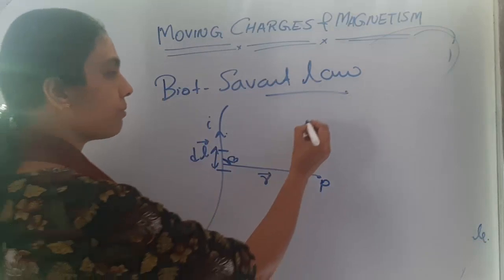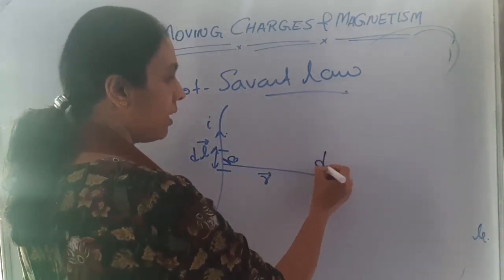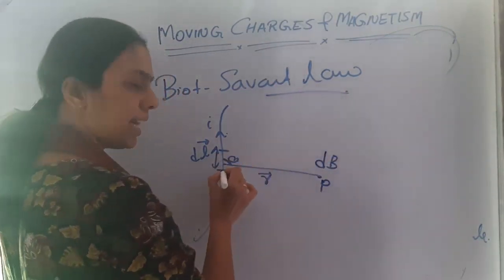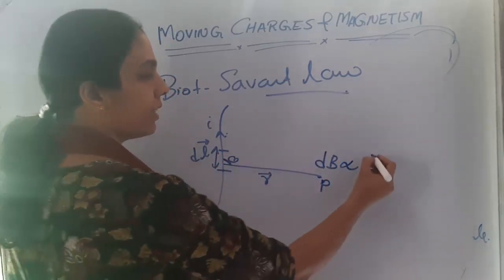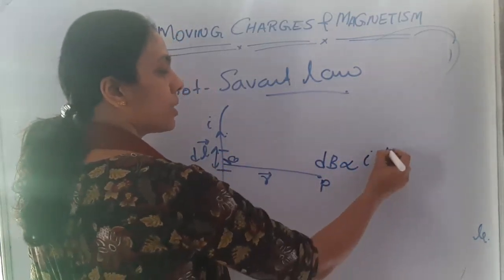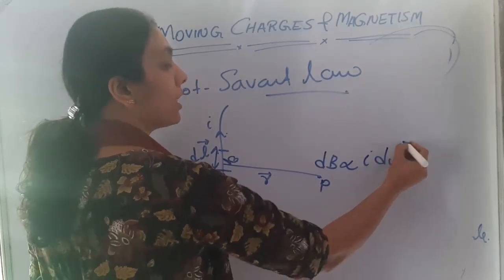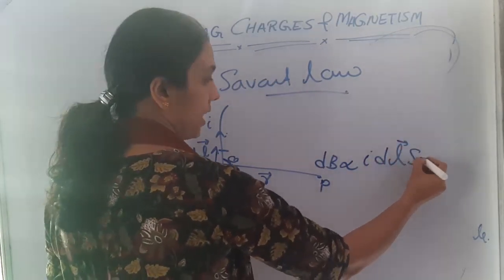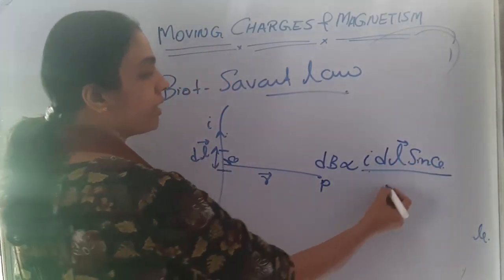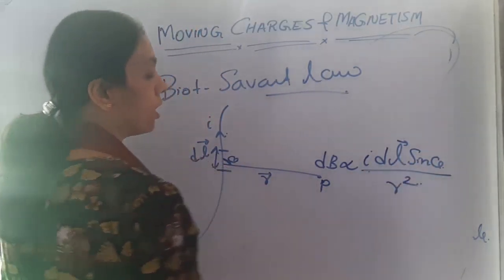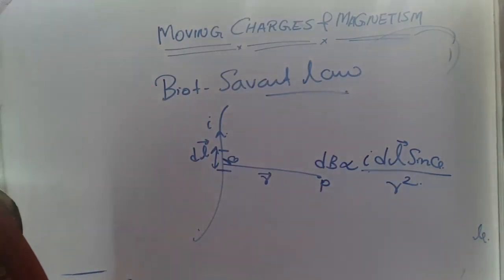Then the magnetic field at the point P due to the current element dl is proportional to the current, proportional to the component of dl, that is dl sin theta, and inversely proportional to the square of the distance.